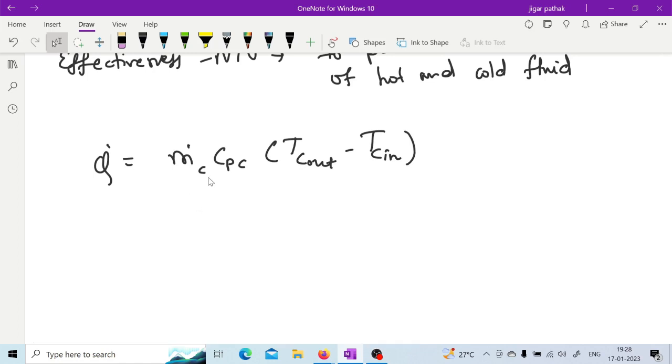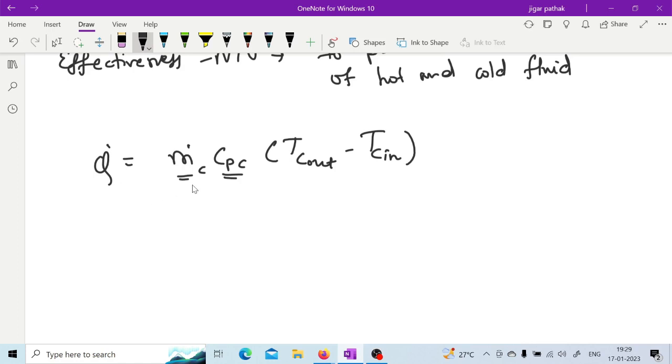Here m c is the mass flow rate of the cold fluid, and Cp is the specific heat of the cold fluid. Generally specific heat may vary with temperature, but here the temperature is not deviating that much, so we are considering constant specific heat. And Tc out and Tc in are the outlet and inlet temperatures of the cold fluid.